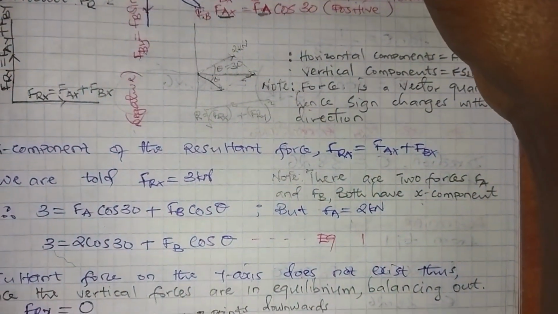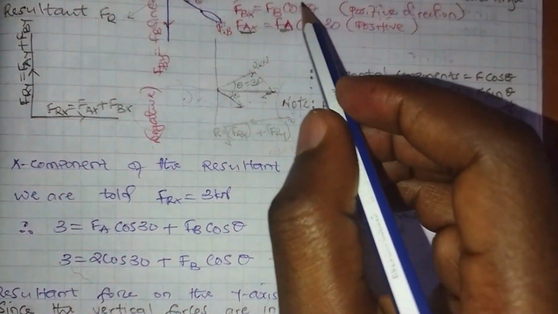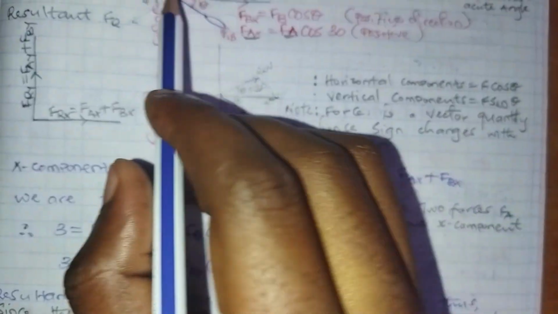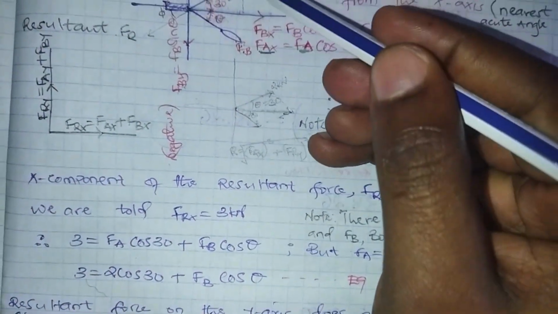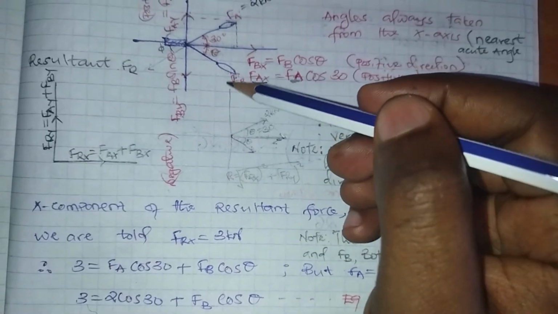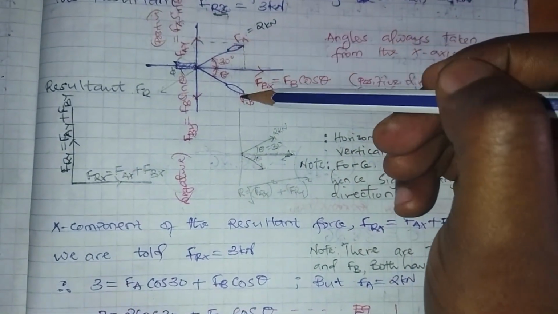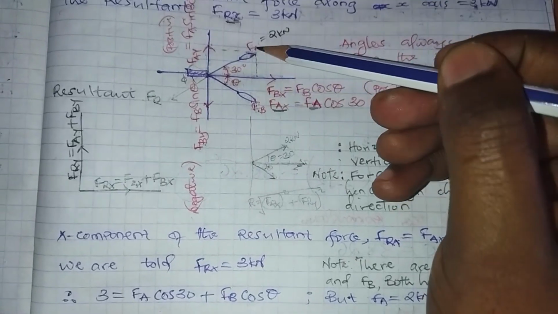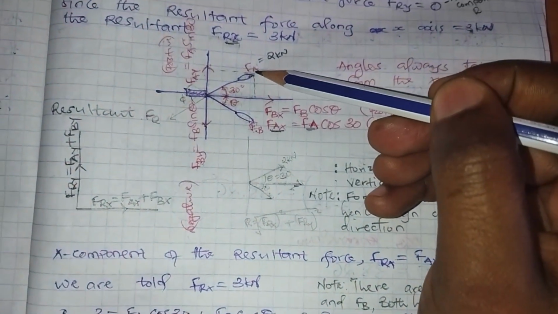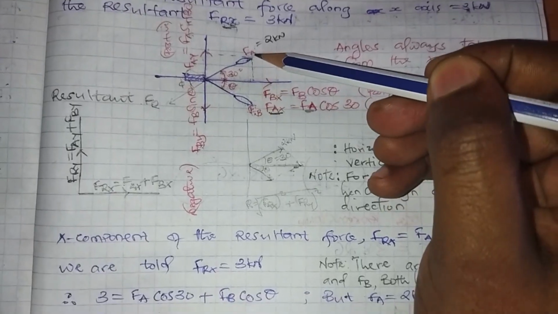The x component of this, that is now this one. So the resultant force, as a result of these two forces acting together, is a single force that can represent the effect of these two forces acting together.